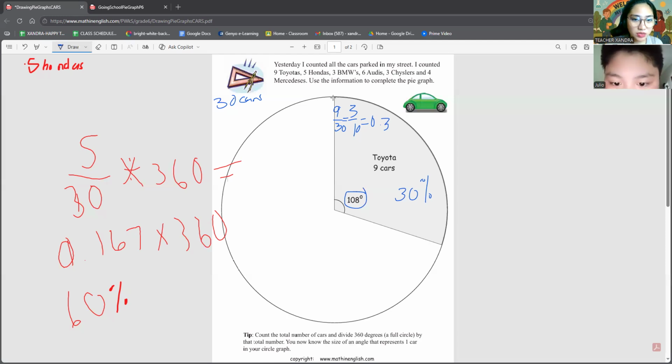So imagine this one, right? Wait, I'm explaining. This is already 180 degrees, this part. We are just looking for the 60. So 108 plus 60, it's just 168. So it should be less here.